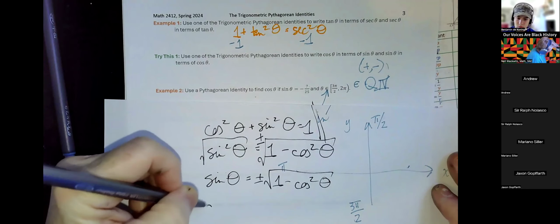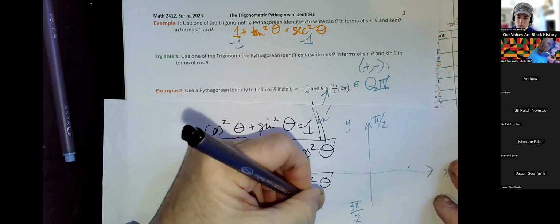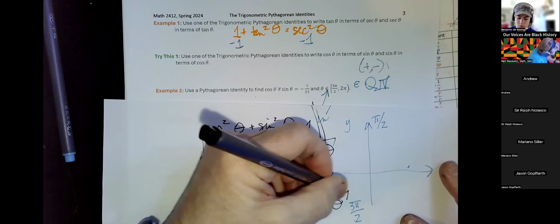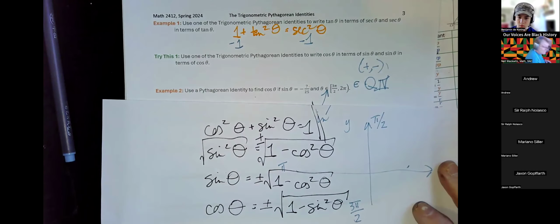So we've got cosine theta is plus or minus the square root of 1 minus sine squared theta. And now we can insert the value of sine that we have. So we know that sine theta is negative 7/25.